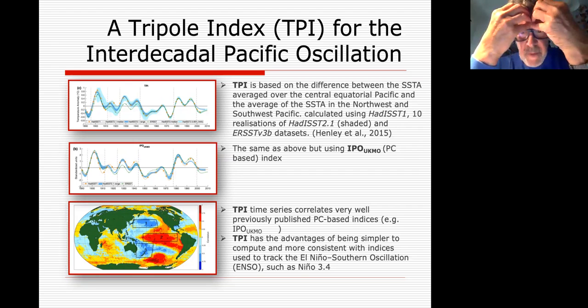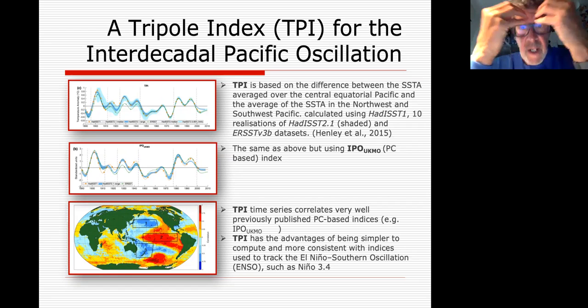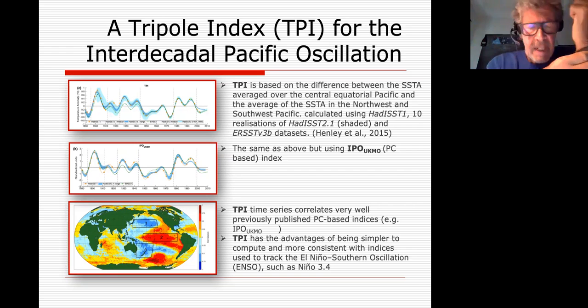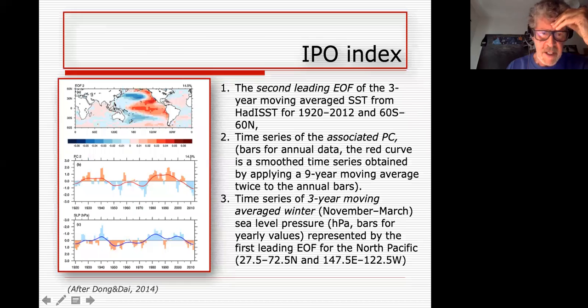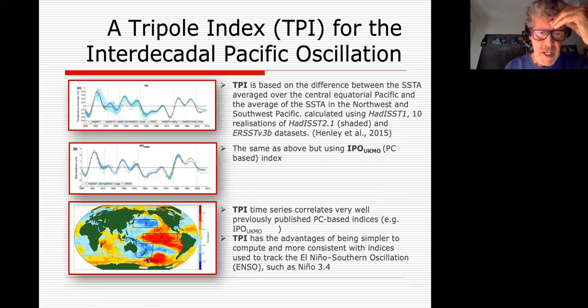And in this case, what has been proposed as the soundest way to calculate an index, the TPI, has been calculated using three zones. One in the Pacific, sorry, another one is the Equatorial Pacific, and the third one is in the southern hemisphere near the Australian coast and New Zealand area.